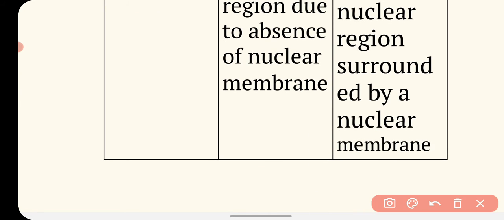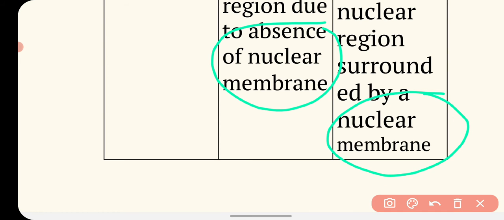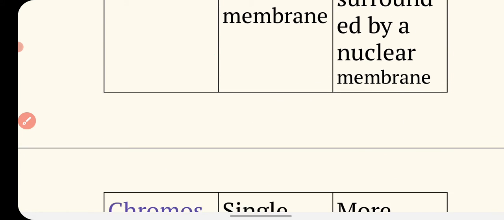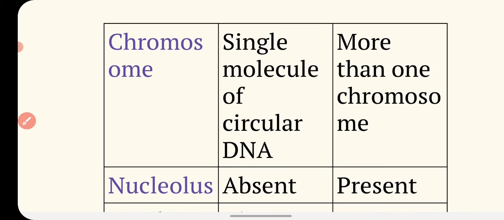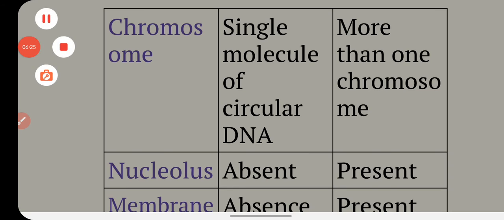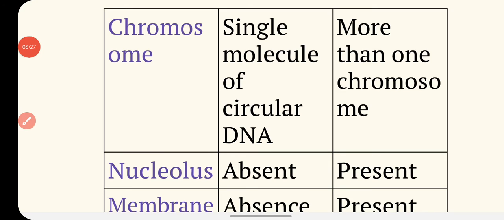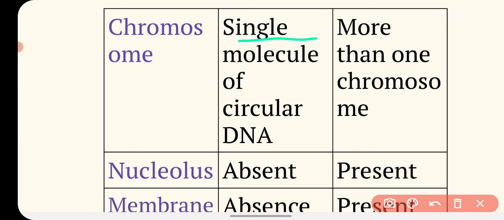So remember that in prokaryotic cells the nuclear membrane is absent, and eukaryotic cells have a nuclear membrane bounding their genetic material. Now on the basis of chromosome, the genetic material: in the prokaryotic cell a single molecule of circular DNA is found, and in the eukaryotic cell more than one chromosome is found.